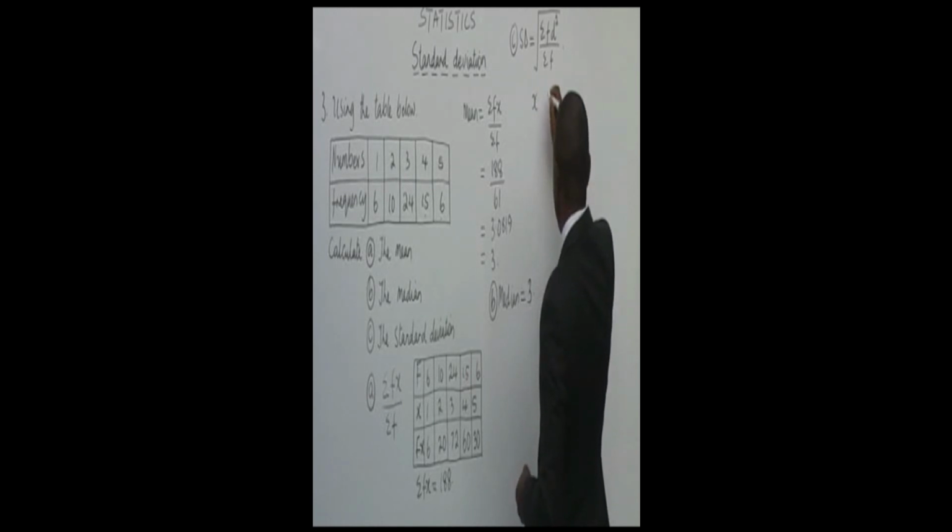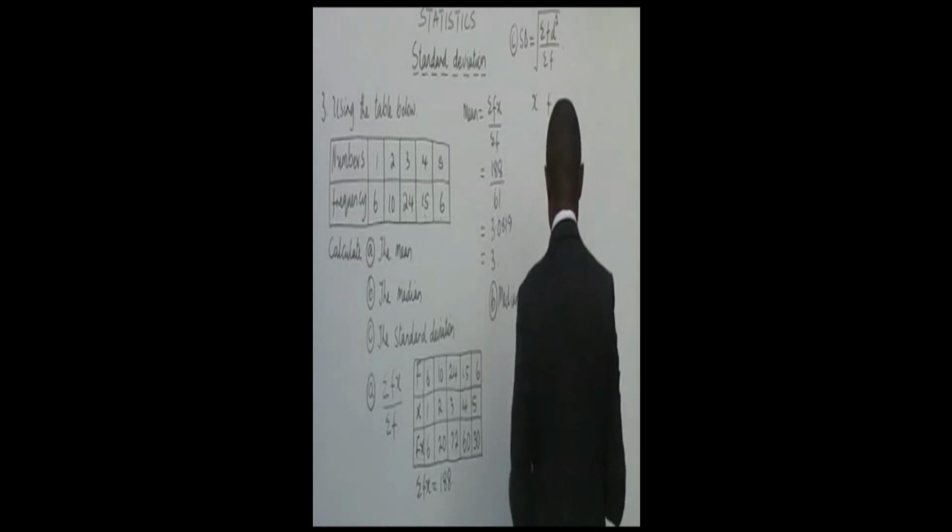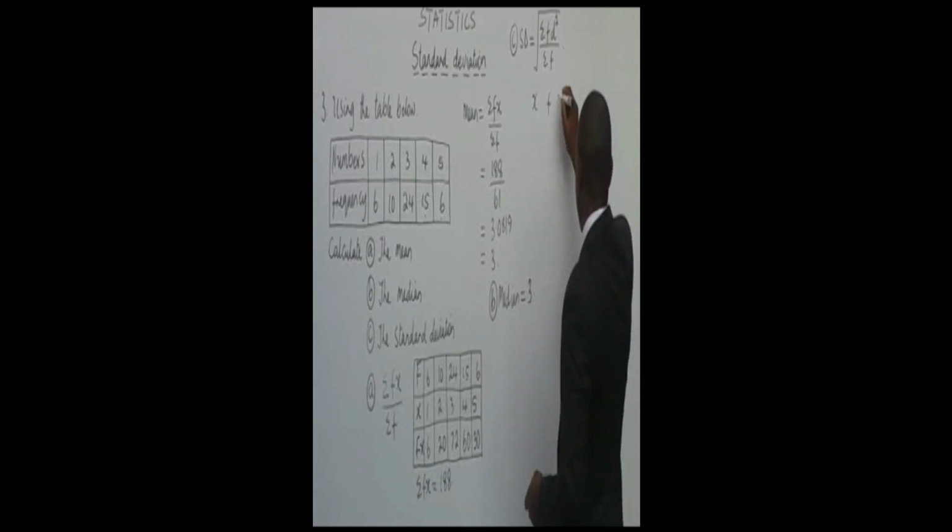Let's have x, then frequency, maybe the mean, before the deviation. You know that deviation is x minus m. The number minus the mean will give you the deviation.